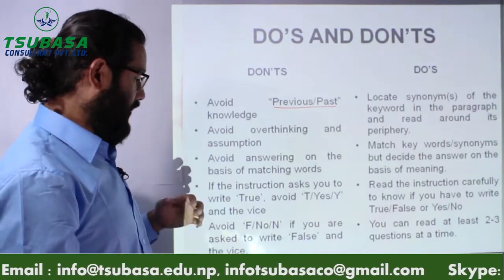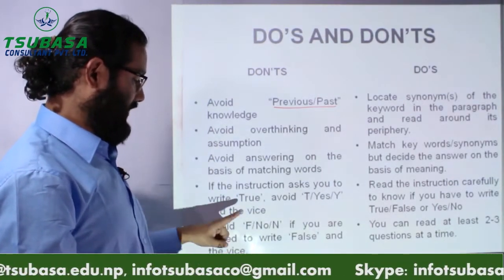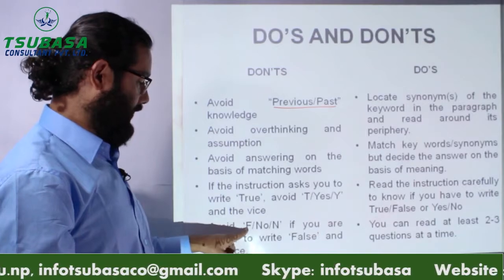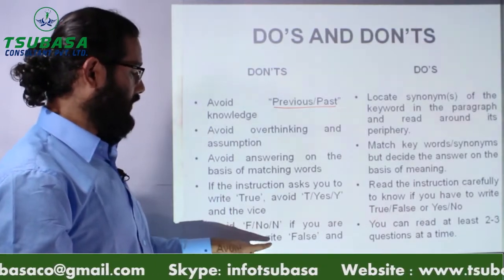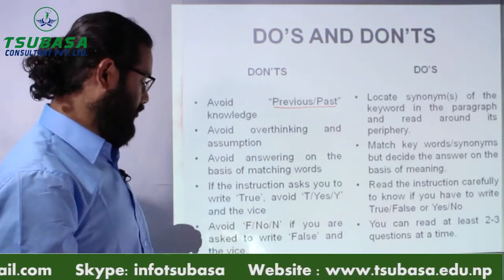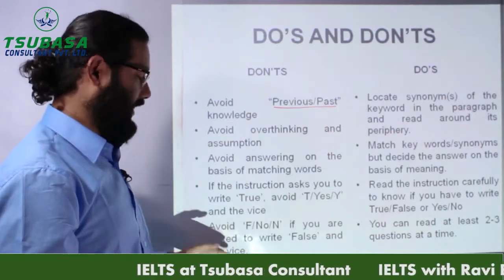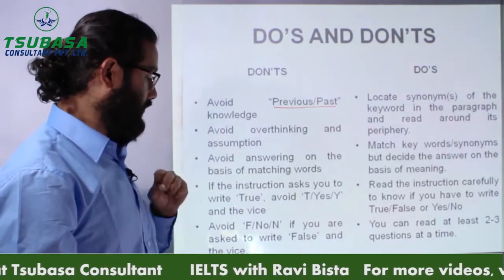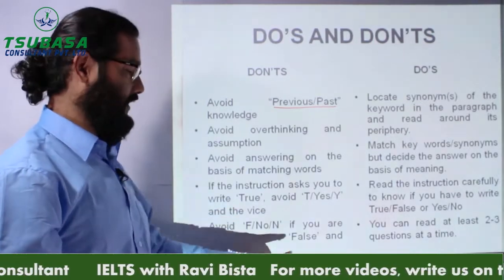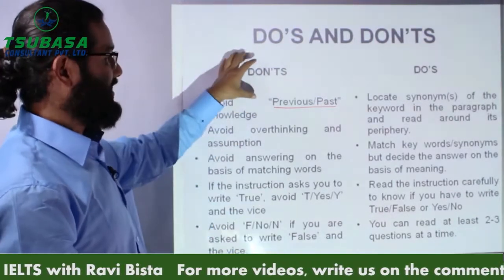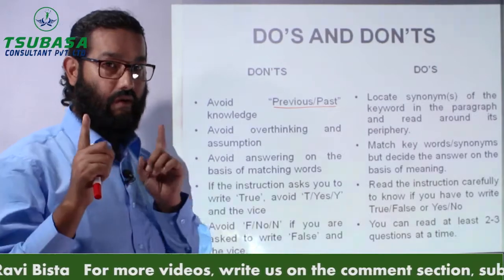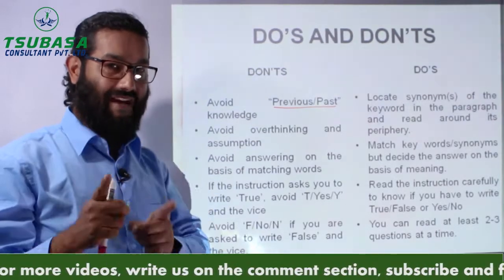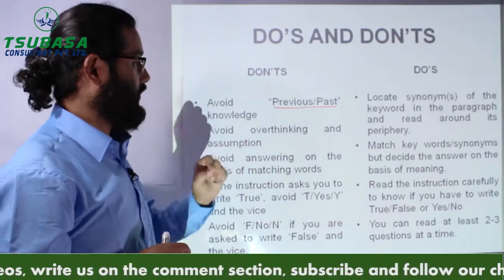And lastly, avoid writing the initial F or N. If you are asked to write false, don't write no, and if you are asked to write no, don't write N, don't write false. So these are don'ts, and it's mandatory that you know these things.